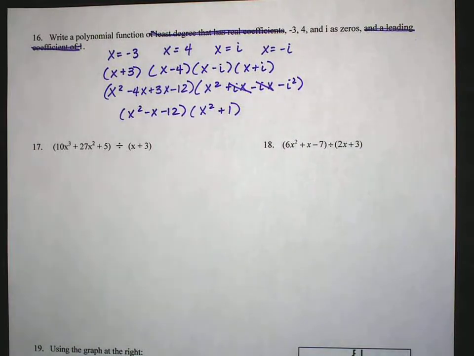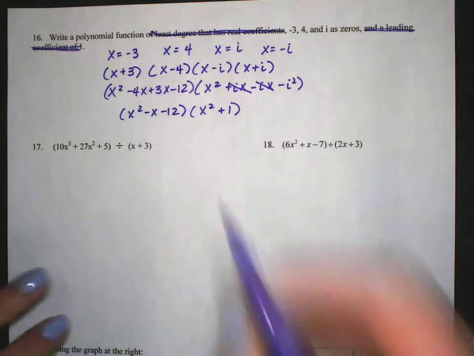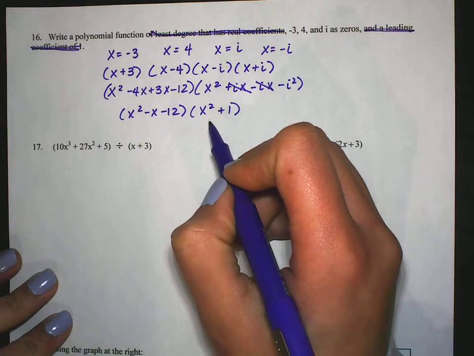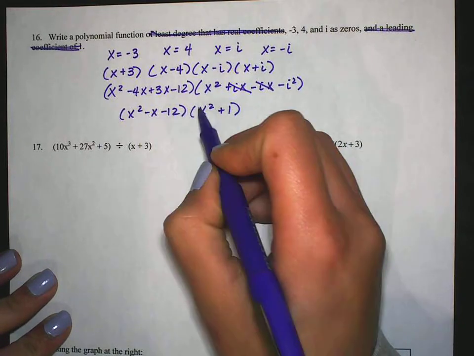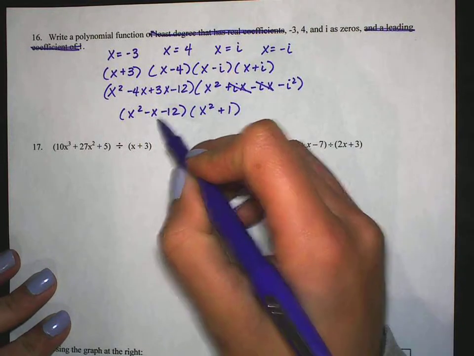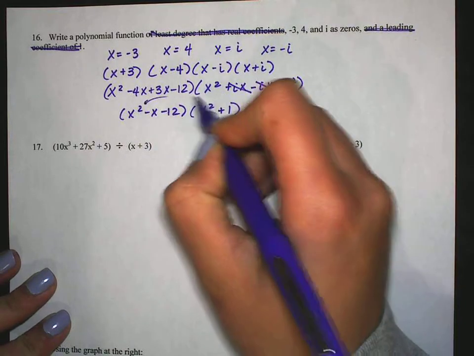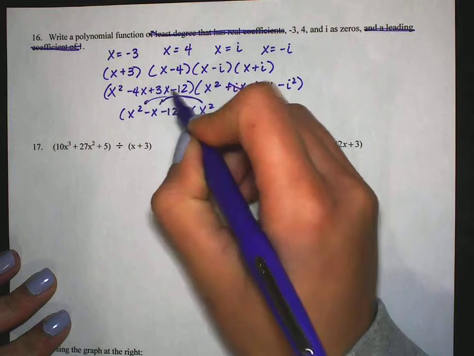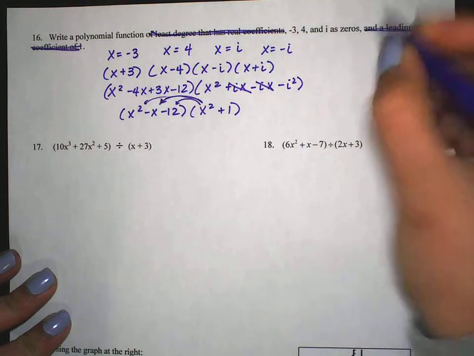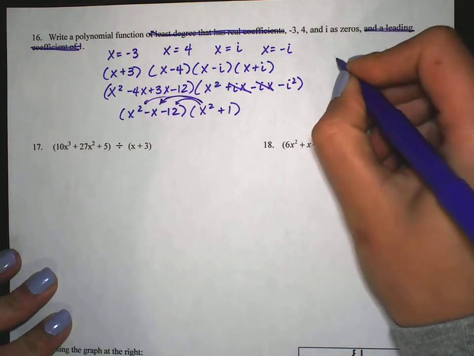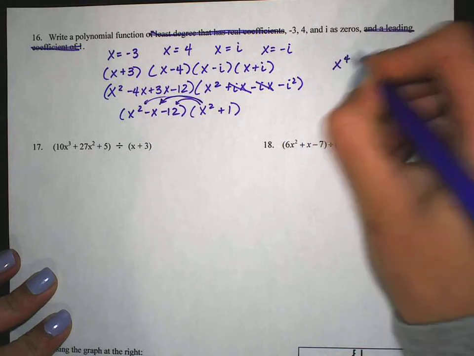Okay, the last thing that we have to do is go ahead and FOIL out this. So I'm going to distribute x squared out first, and then I'll distribute +1 second. So x squared out to this trinomial. Okay, and I'll do that over here. X squared times x squared is x to the 4th.